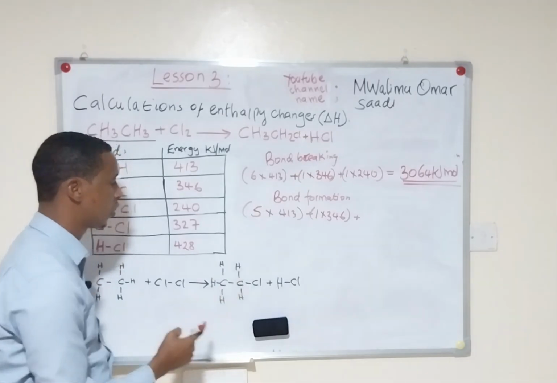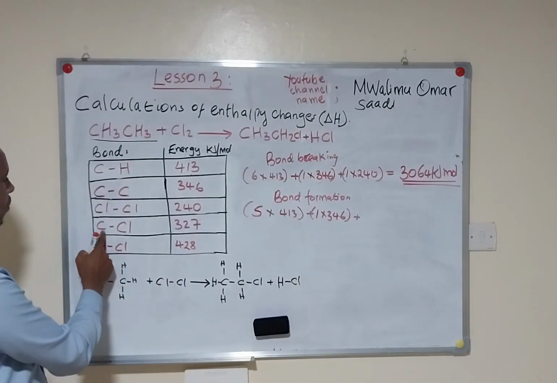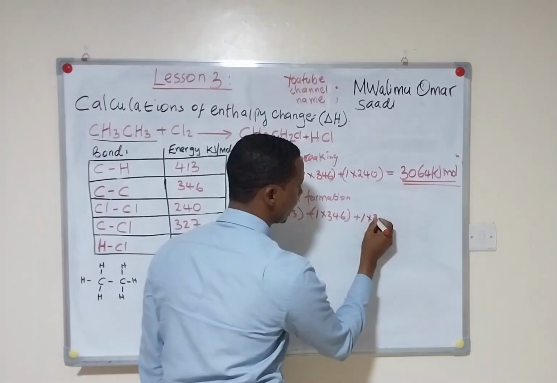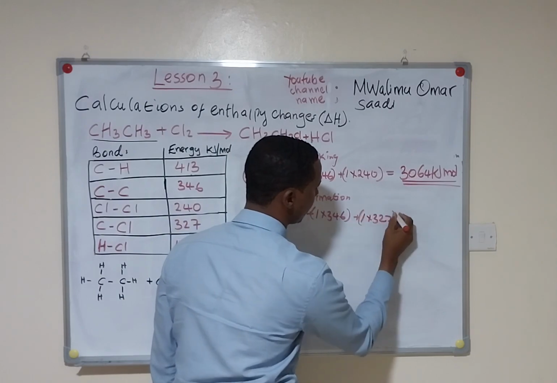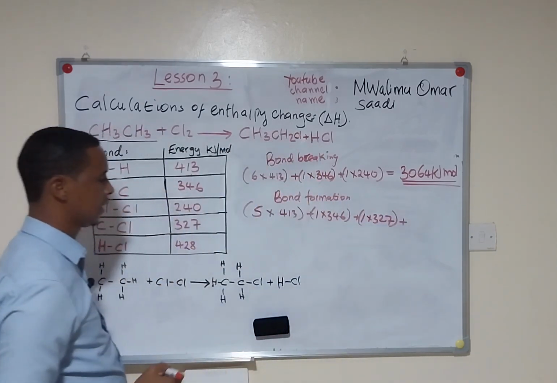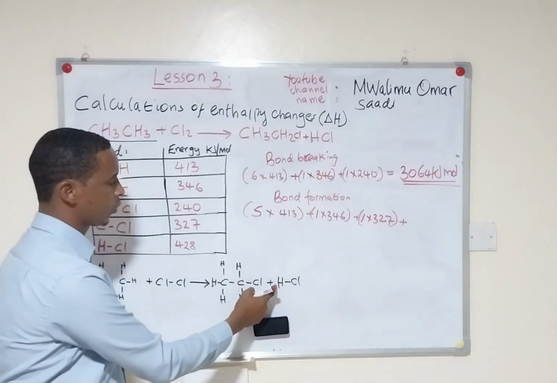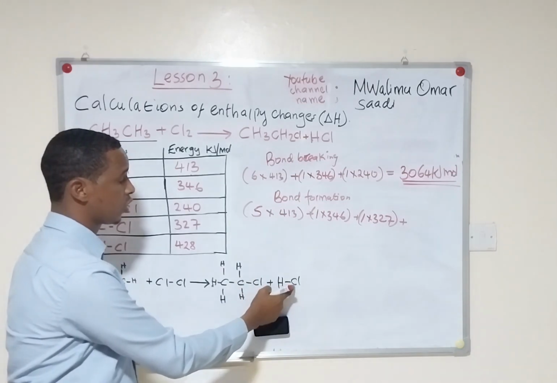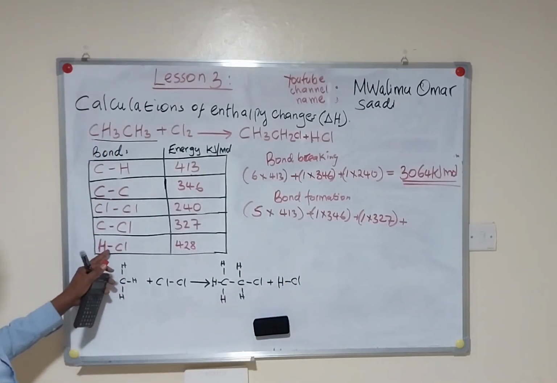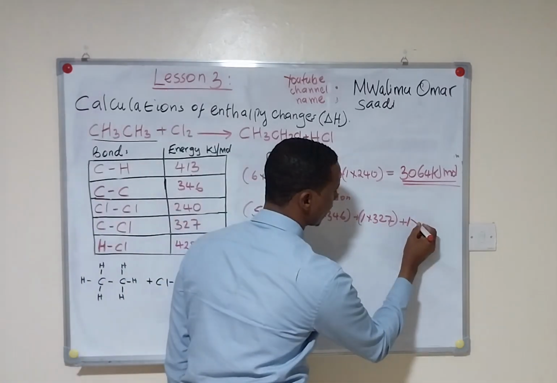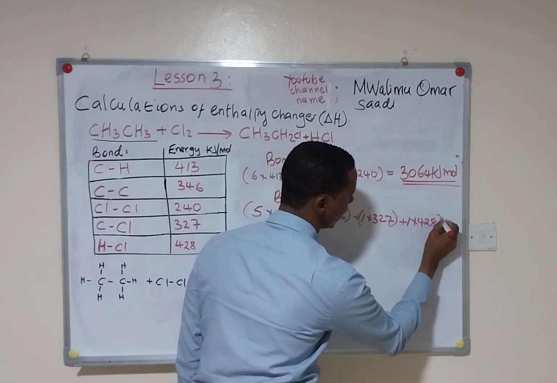The energy of the carbon-chlorine bond is 327, so 1 times 327, plus one hydrogen-chlorine bond, which is 428, so 1 times 428.